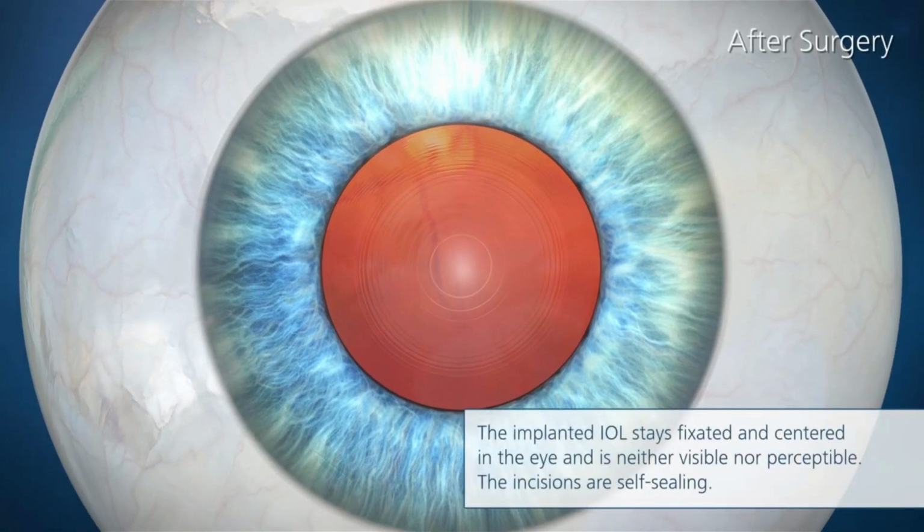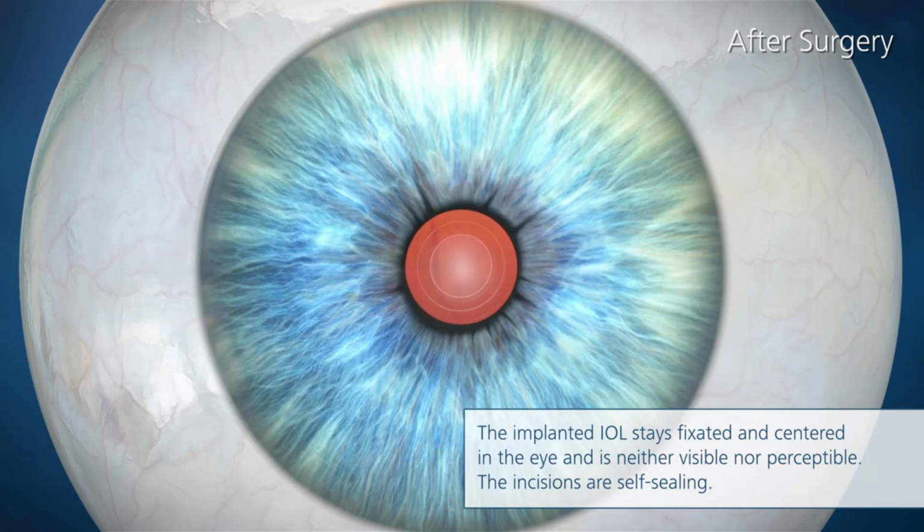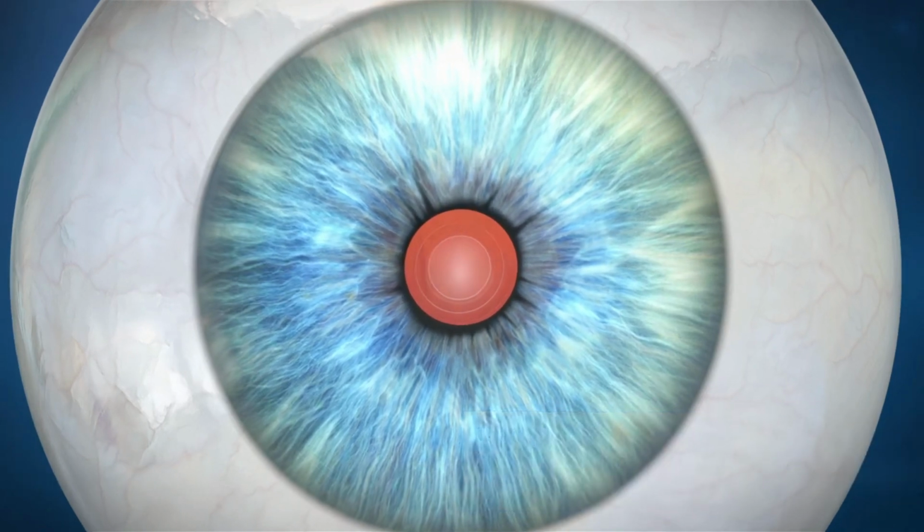The implanted intraocular lens stays fixated and centered in the eye and is neither visible nor perceptible. The incisions are self-sealing.